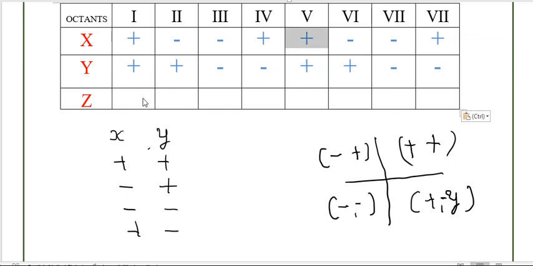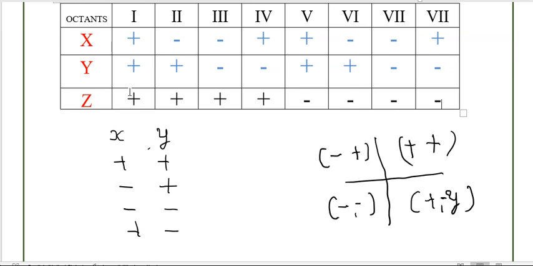You only have to mention the coordinate of z now, and that is also very easy. First of all, write down all positive: plus, plus, plus, and then all negative: negative, negative, negative and negative. So your 8 octants are ready.